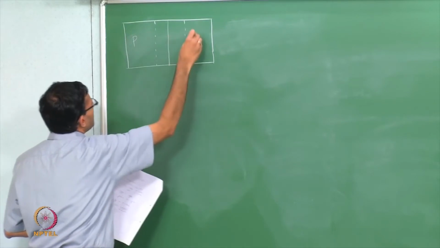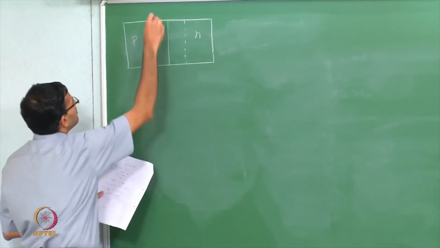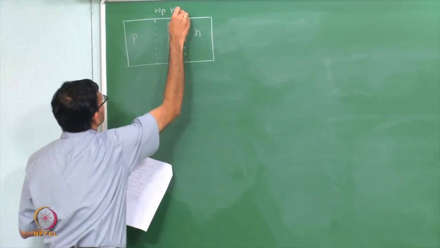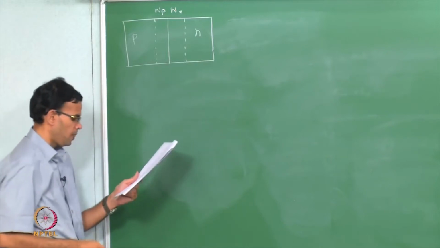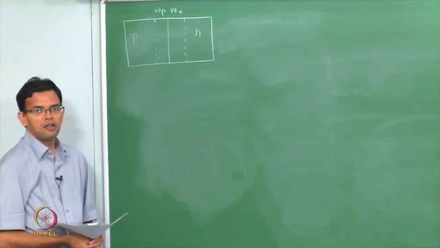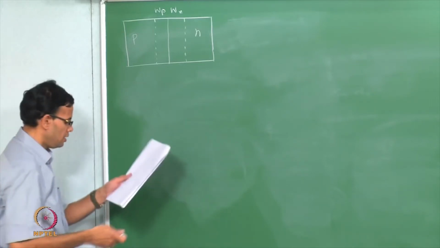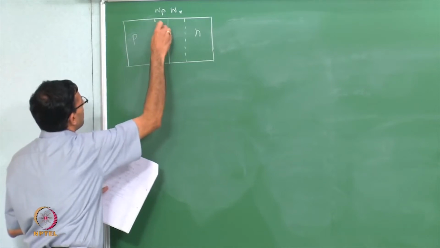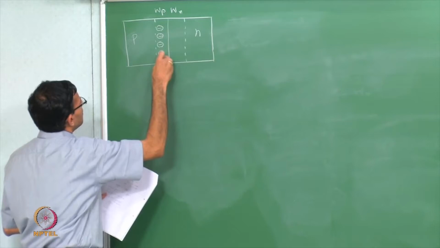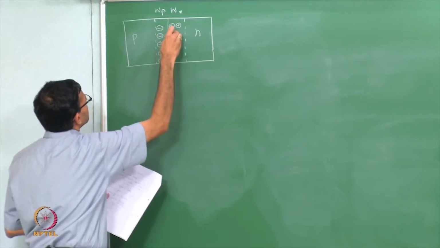So, we have a p-n junction with Na greater than Nd, so that we have some Wp which is smaller than Wn. So, we said that in the depletion region the excess electrons and holes recombine and get annihilated, so that you have a net negative charge on the p side and a net positive charge on the n side.